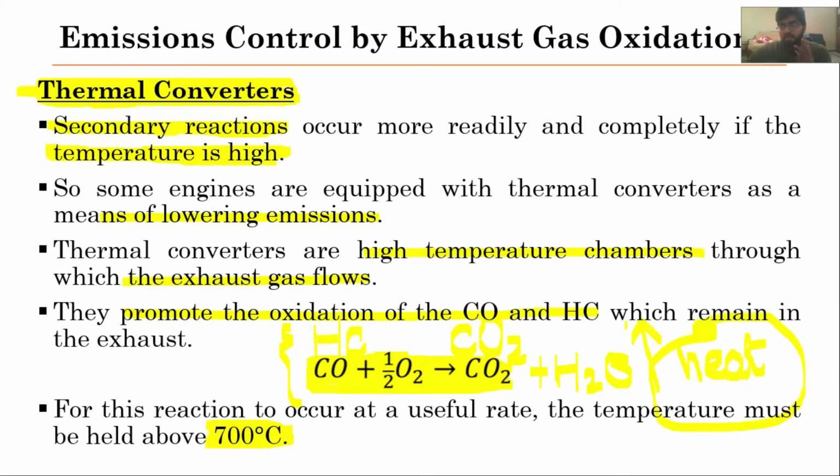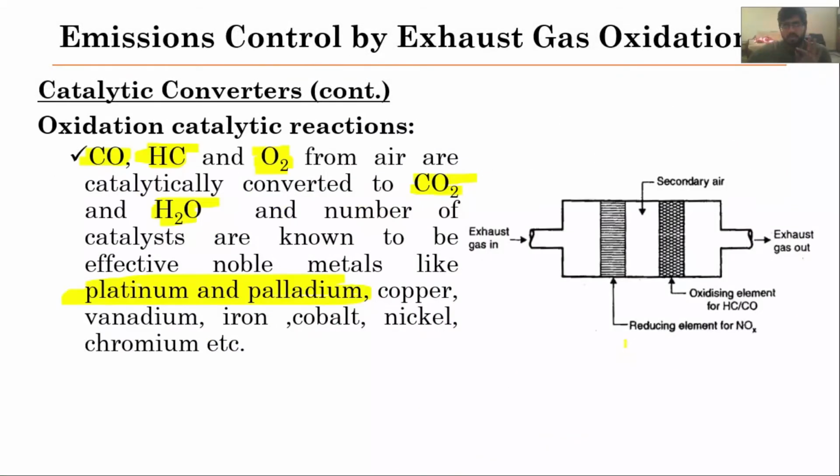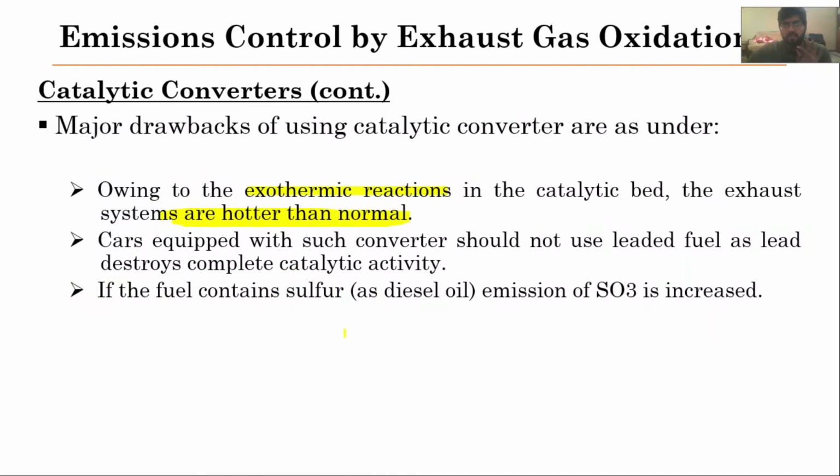So these higher temperatures are not desirable in the catalytic converters. Therefore, the exhaust which we are getting out of this catalytic converter is usually at a higher temperature than the normal exhaust temperatures.